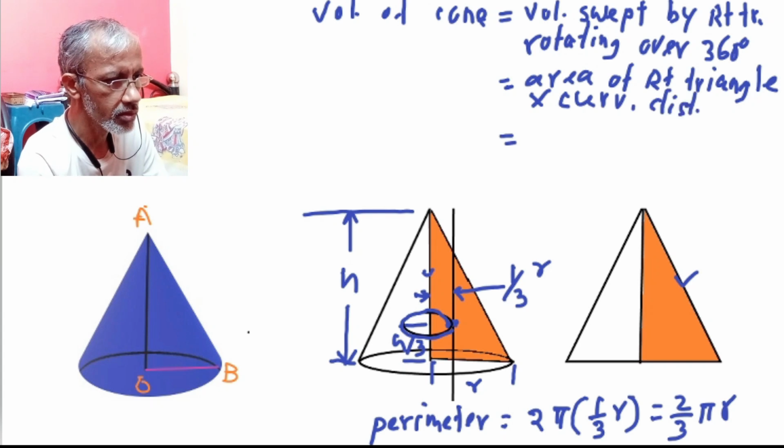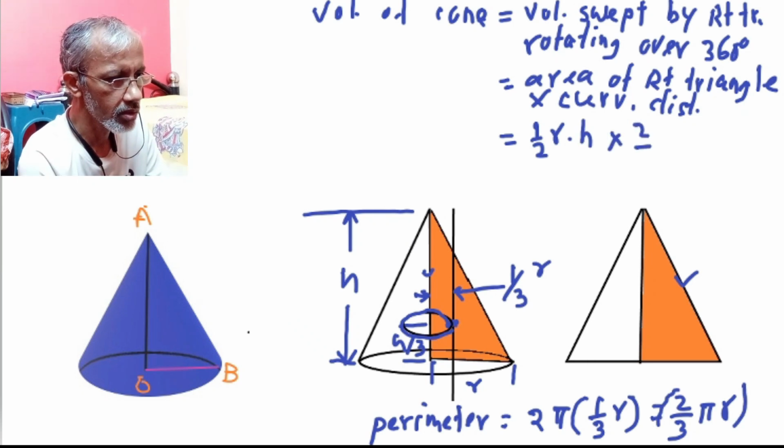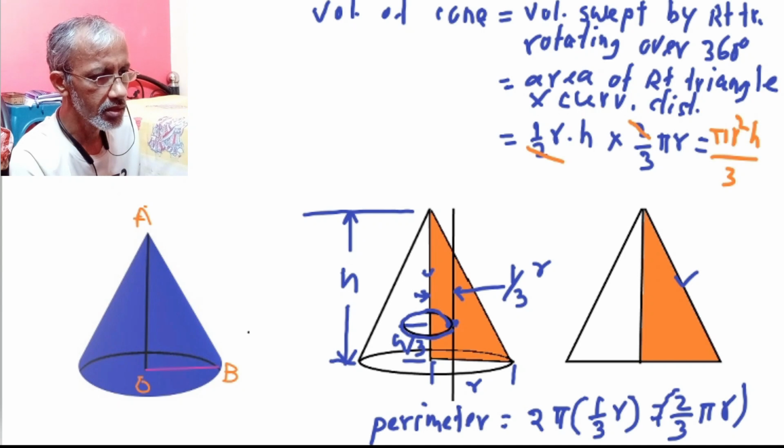That is equal to the area of the right triangle, which is half the radius of the cone and the height, and the curvilinear distance is 2/3 pi r. And this is the same as the formula of the cone by simple mathematics, that is pi r square h by 3.